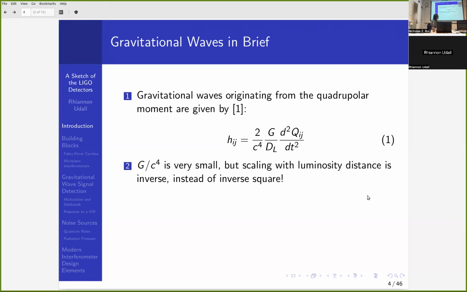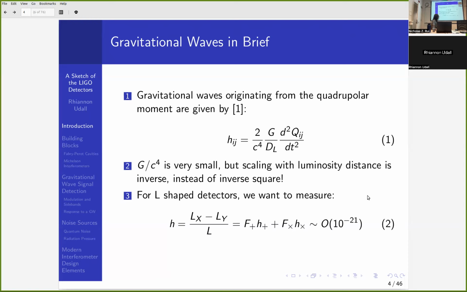And the second thing, which is astrophysically interesting, is that the scaling of strain is 1 over luminosity distance instead of 1 over luminosity distance squared, like it is for most electromagnetic sources. And that means that the visibility range of gravitational wave detectors, especially in the next few decades, has the potential to be much greater than you could normally achieve with EM observation.